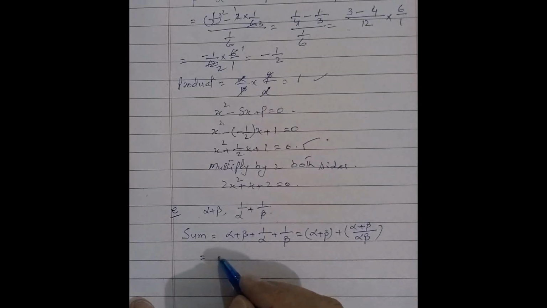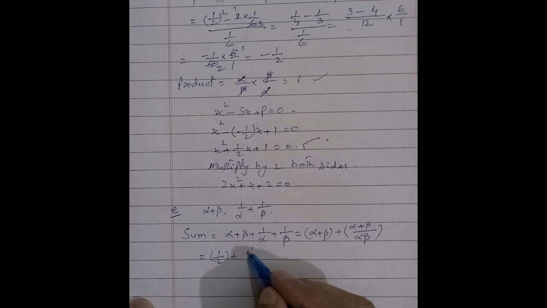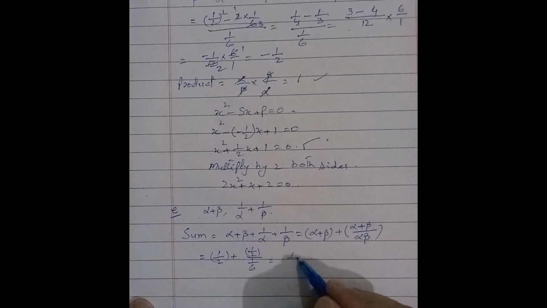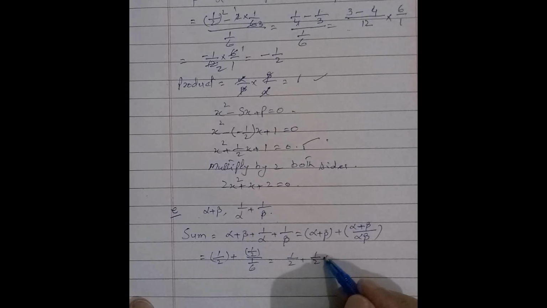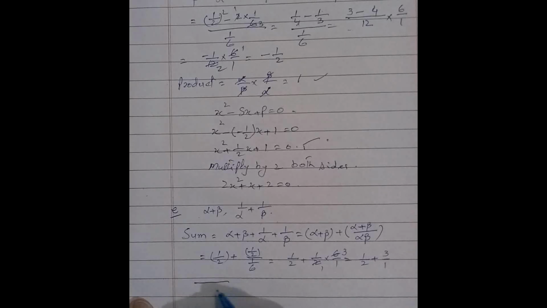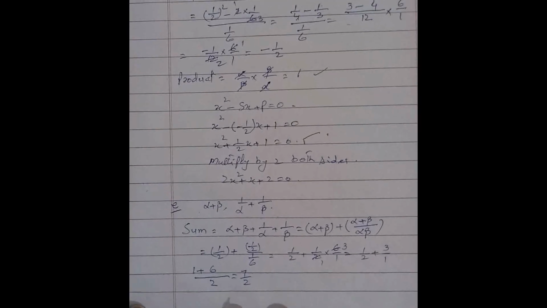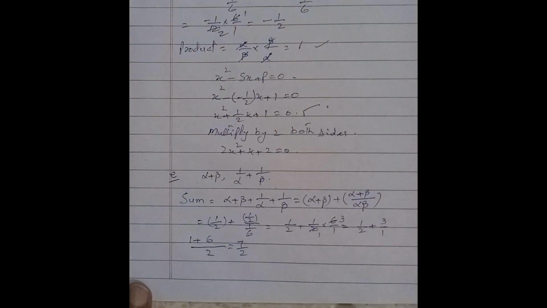We get 1 over 2 plus 1 over 2 over 1 over 6. Now simplify it, 1 over 2 plus 1 over 2 multiplied by 6 over 1, which is 2 ones are 2, 2 threes are 6, and we have 1 over 2 plus 3 over 1, and then simplify it to 1 plus 6, which is equal to 7 over 2, and it is the sum of these two roots.